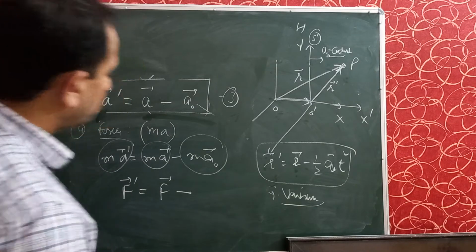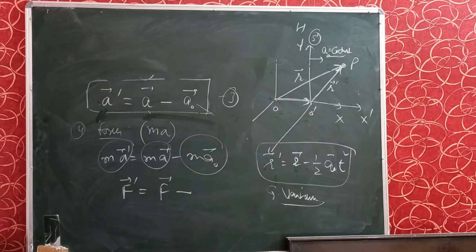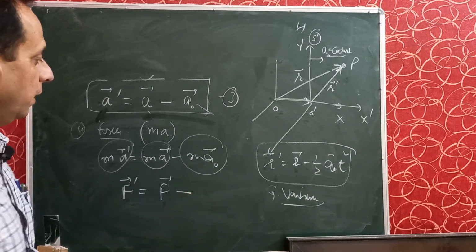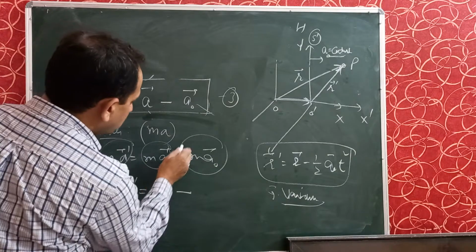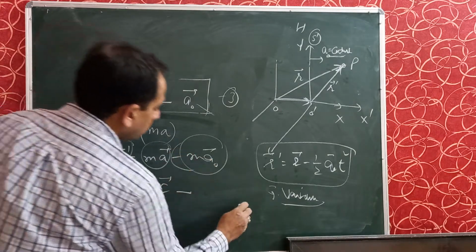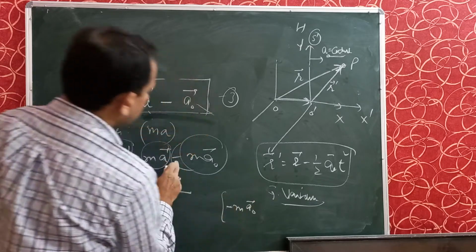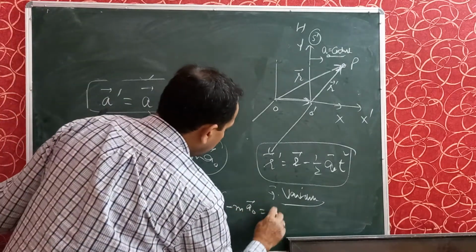This is the force applied by the frame. These forces are of the particle, but this one is due to the frame. So, we may write this minus ma naught, mind it, not only ma naught but the minus sign is also there. Minus ma naught is called F naught.